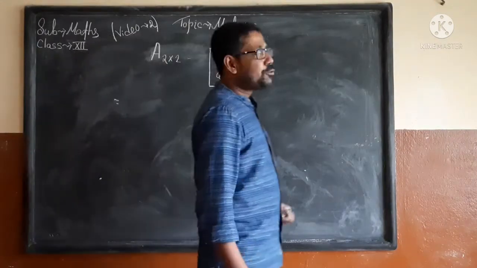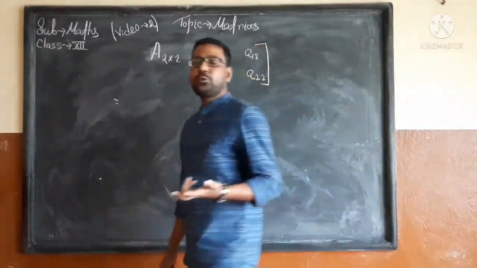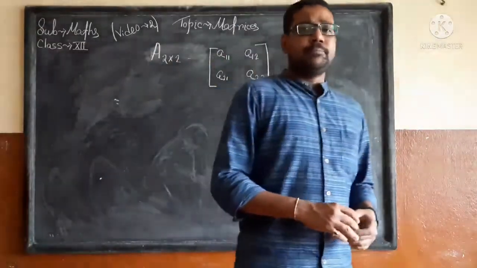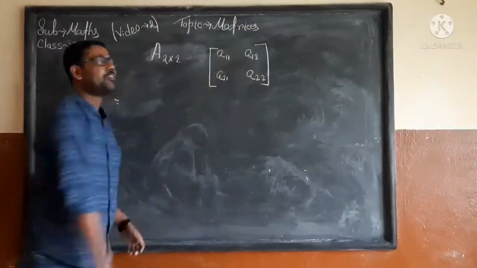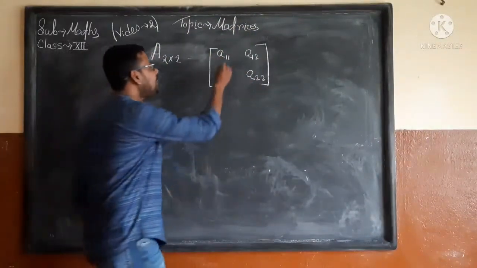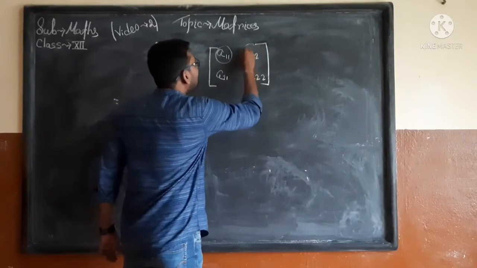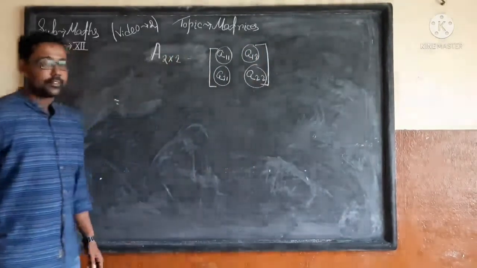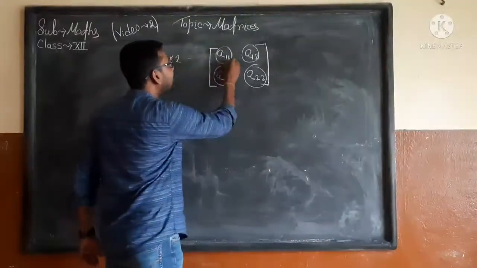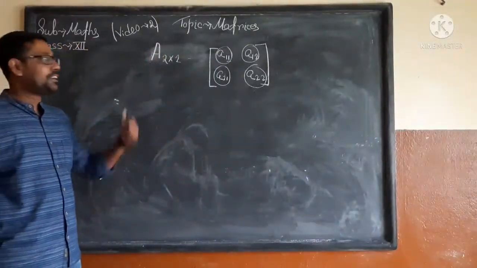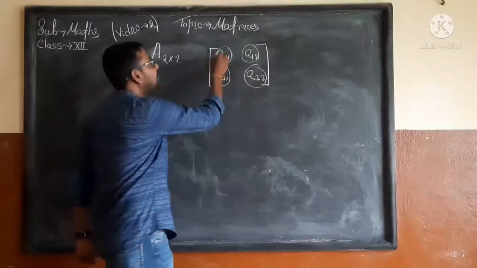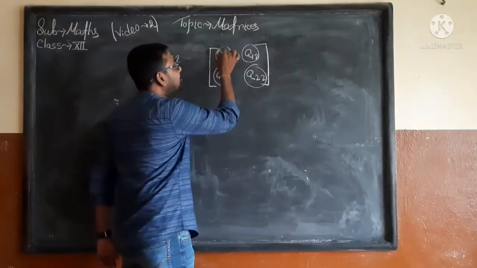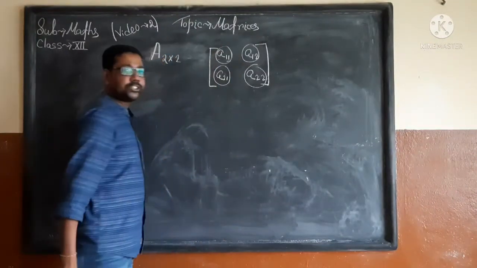This matrix also has a total of 2 rows and 2 columns. All these are called the elements of a matrix, but this subscript represents the position of the element in the matrix. That means A11 is present in the first row and the first column position.